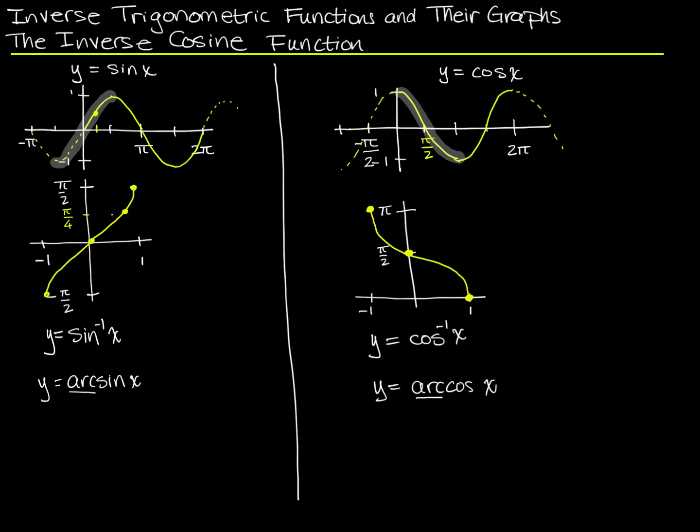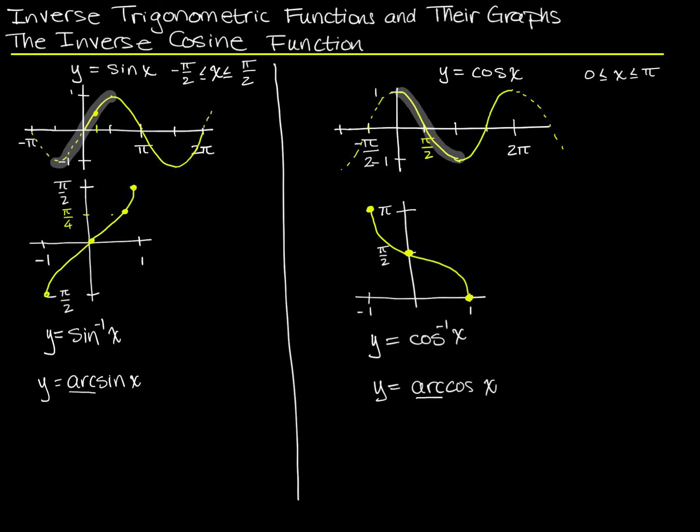So when dealing with arcsine, or when we think we're going to have to deal with sine inverse, we restrict the domain on sine to values for x that are no smaller than negative pi over 2 and no bigger than pi over 2. For cosine, we restrict our domain to 0 to pi. They both have a range of values that's pi wide, but it's a different range of values.